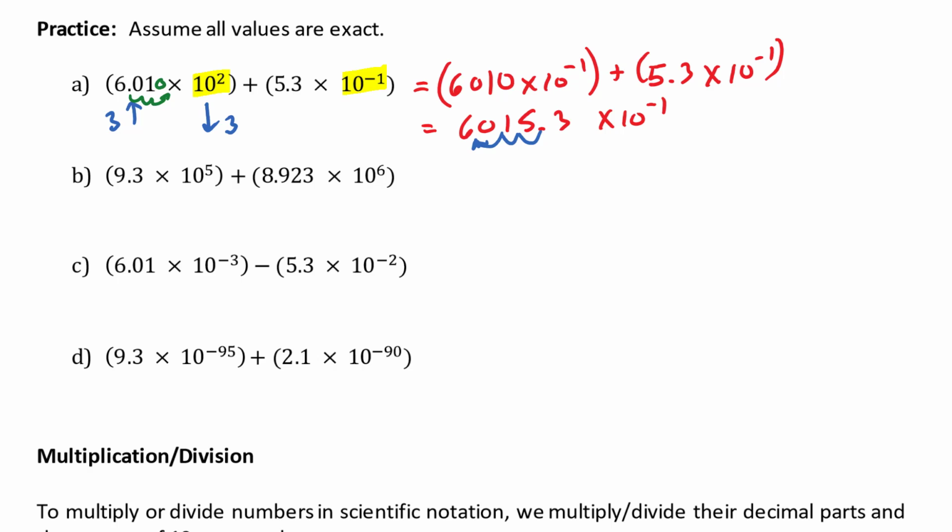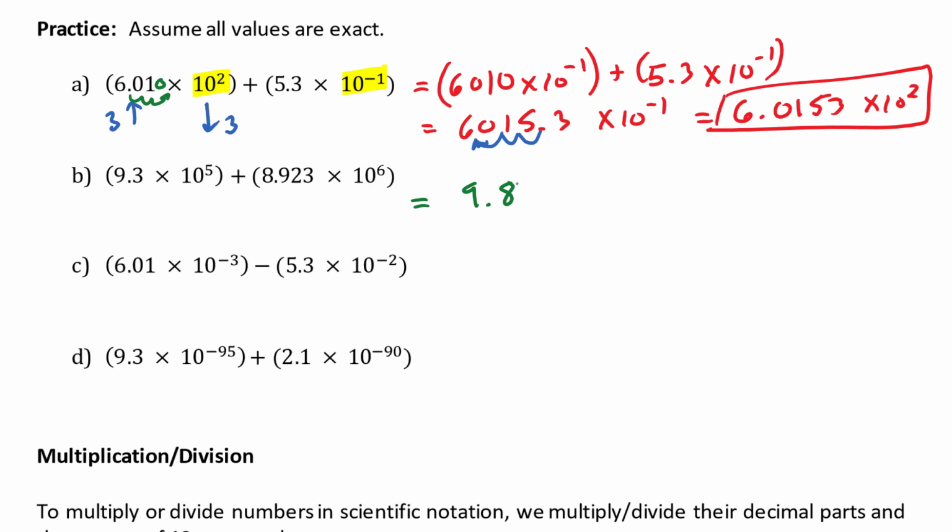So that's going to be 3 decimal places, 10 to the 3. 3 plus minus 1 is 2. 6.0153 times 10 to the exponent 2. Final answer. B, not very difficult. I'll just write the answer for you so you can double check. C, also I don't think is very difficult. Just don't forget the negative sign.